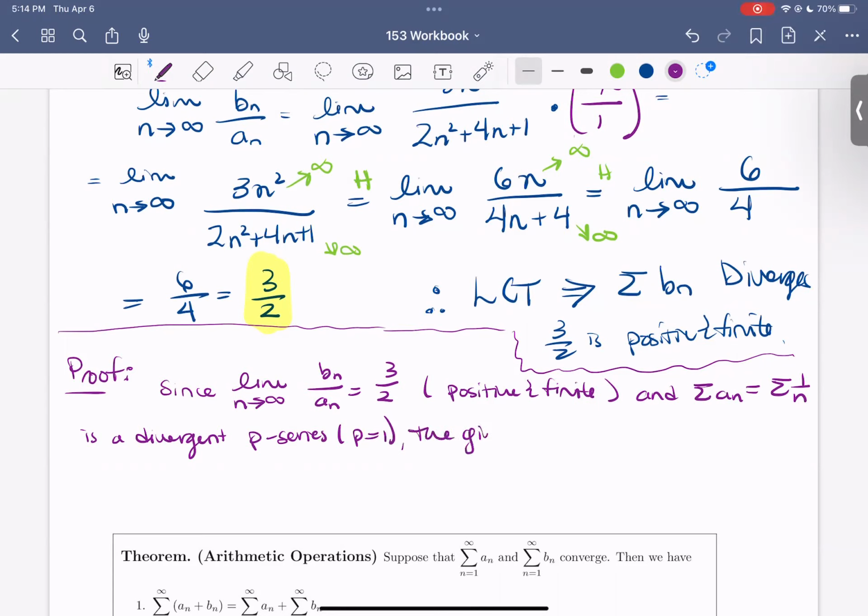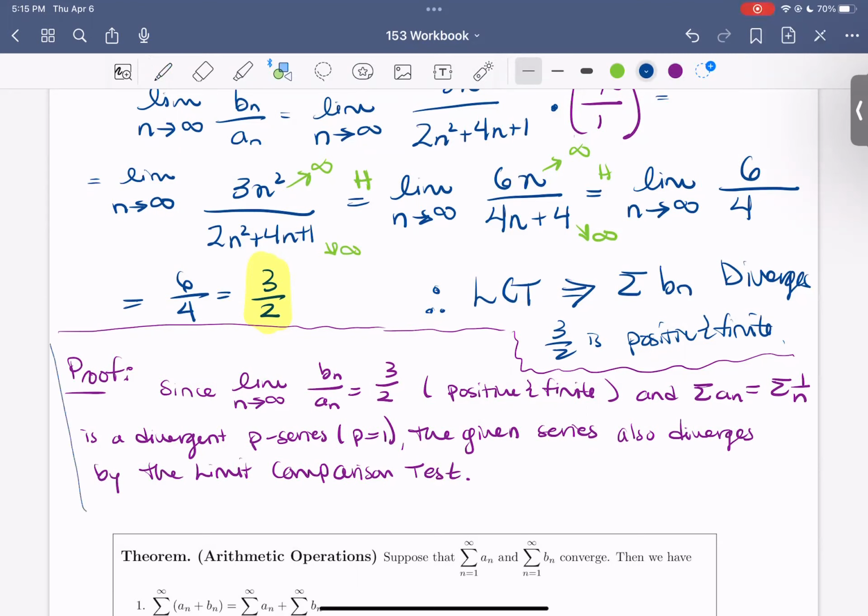The given series, I'm not going to write out the entire term because we know what I'm referring to, also diverges by the limit comparison test. All right, and there we go. There is our formal proof of our conclusion.